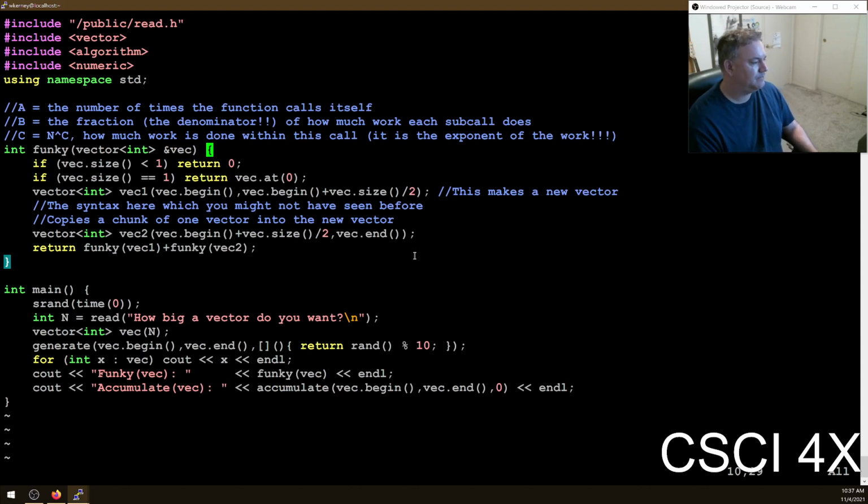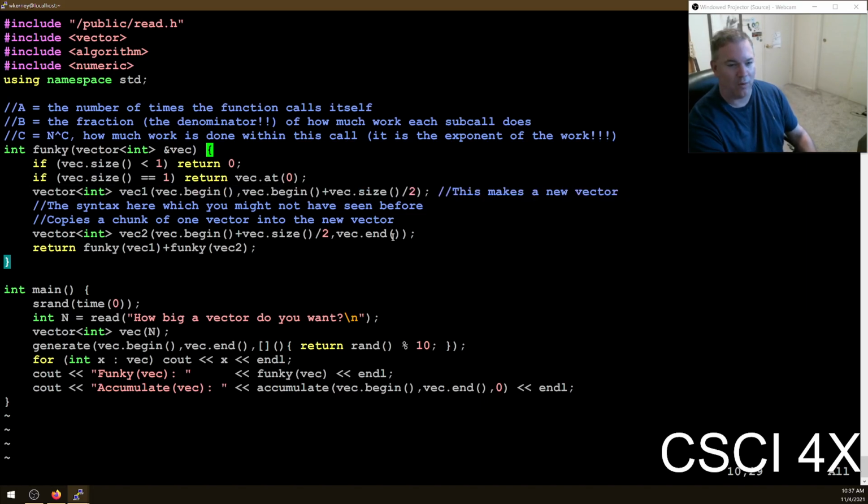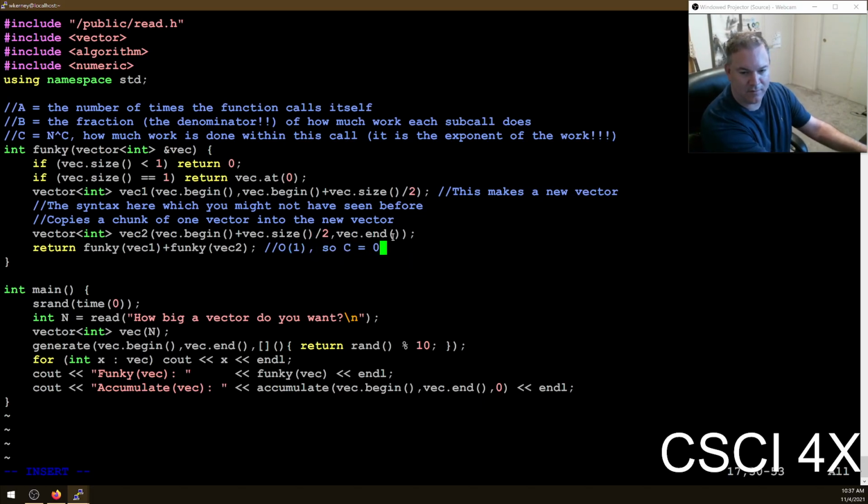So what do we got? Yeah, the only work we're doing here really, well, we got a copy. And so this copy here is actually most of the work. So this is order 1, right? And so you look at this and be like, all right, that's an order 1, so C is equal to 0, right? Because n to the 0th power is 1. Right? Wrong.